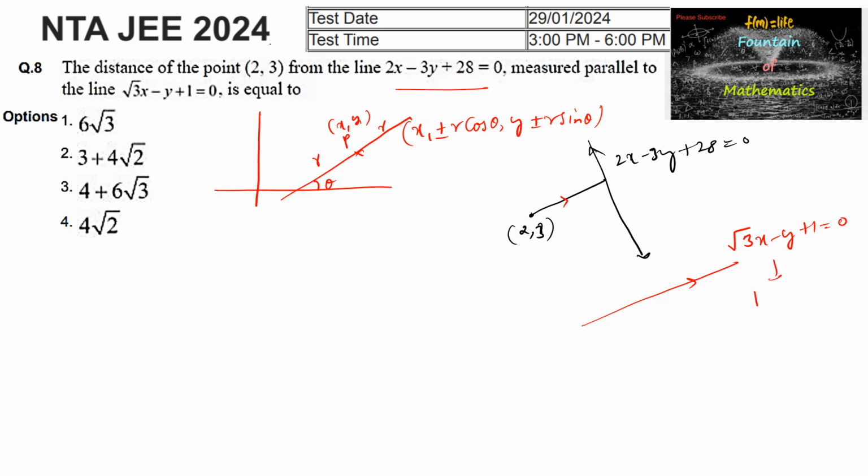So slope tan theta is equal to minus root 3 divided by minus 1, that is root 3. So we can say tan 60 degrees is root 3, so that cos 60 is equal to 1 by 2, and sin 60 degrees is equal to root 3 by 2.